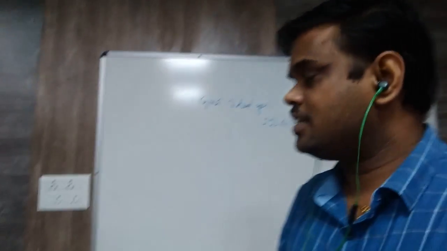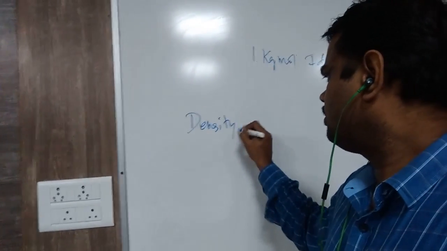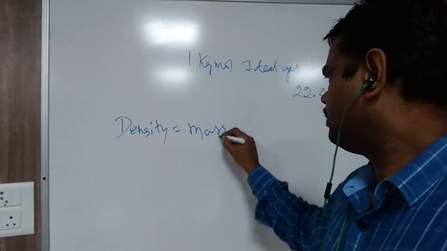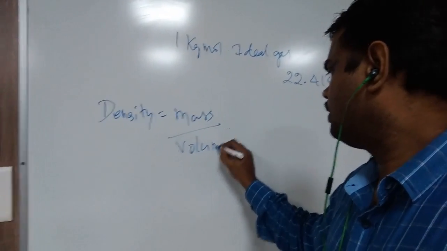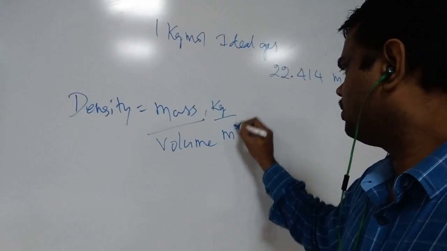And what is density? Density is equal to mass by volume. Mass is in kg, volume is in meter cube.